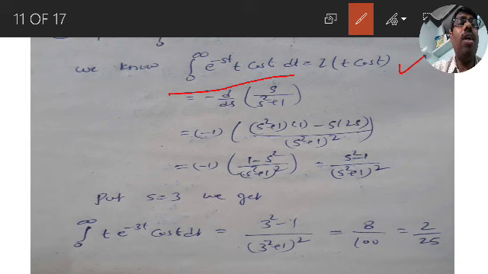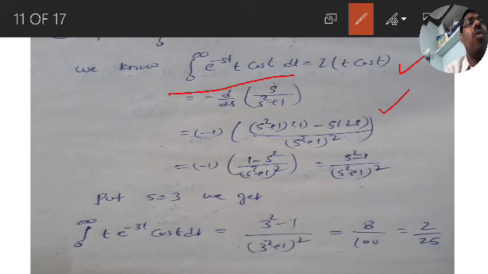So minus 1 into s square plus 1 into derivative of s, which is 1, minus s into derivative of s square plus 1, which is 2s, by s square plus 1 whole square. After simplification we get s square minus 1 by s square plus 1 whole square.